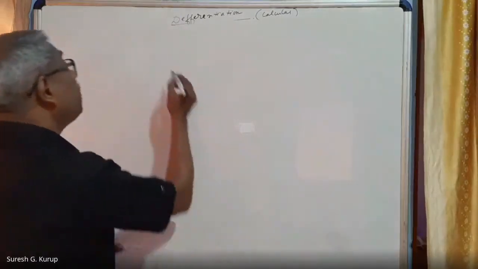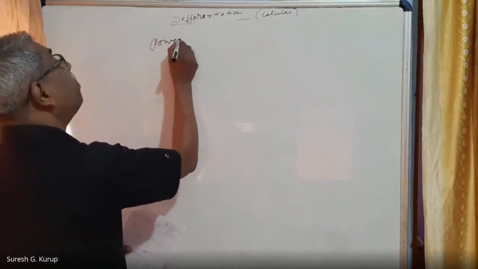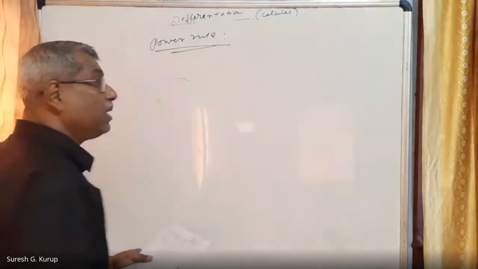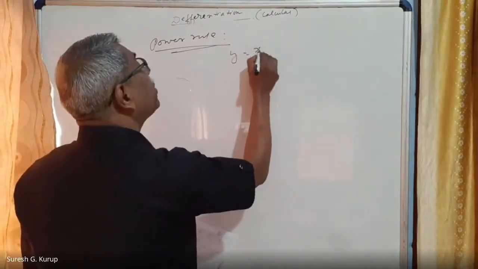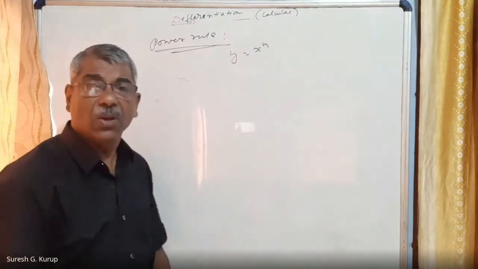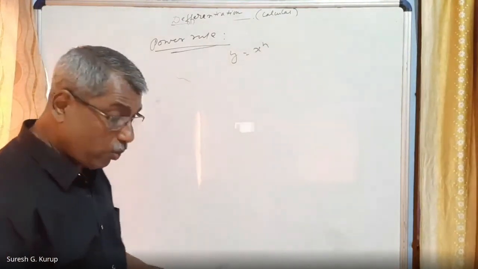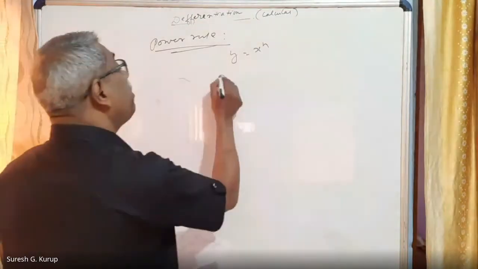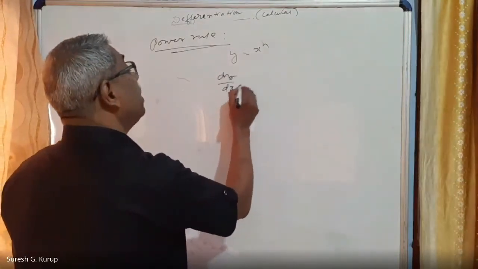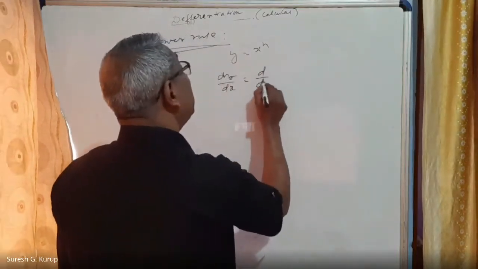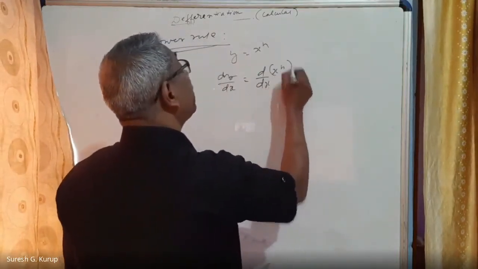Next is the power rule. The power rule is very simple and understandable, right? Suppose that y is equal to x raised to n. Y is a function of x with a power in it. Then how can we use this? dy by dx is equal to d by dx of x raised to n.